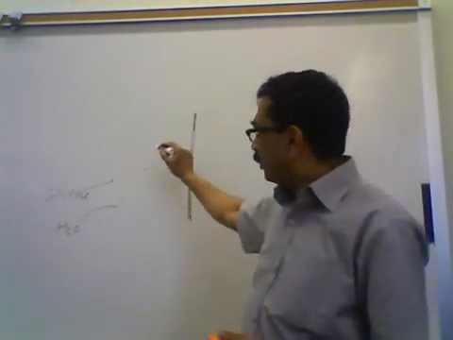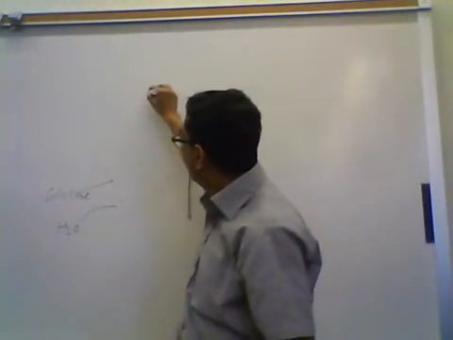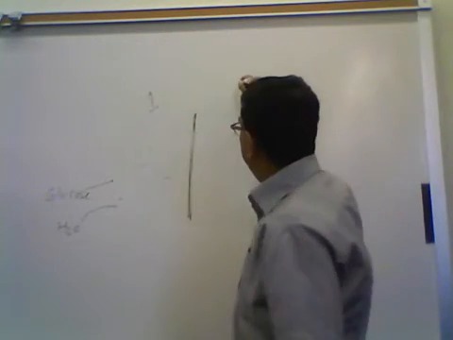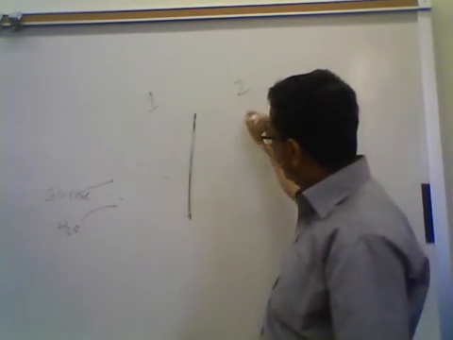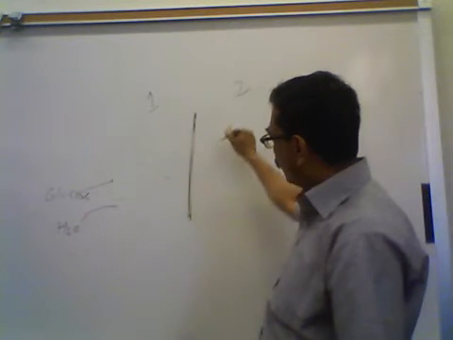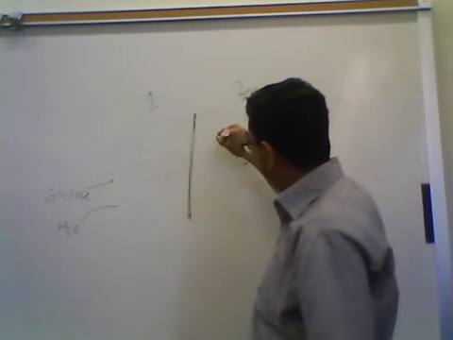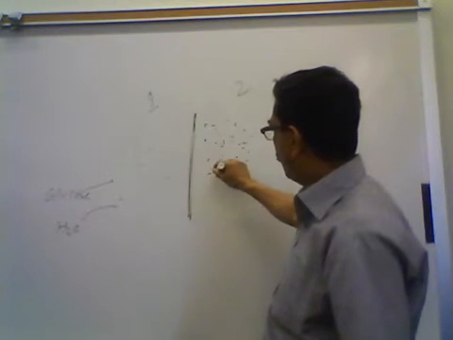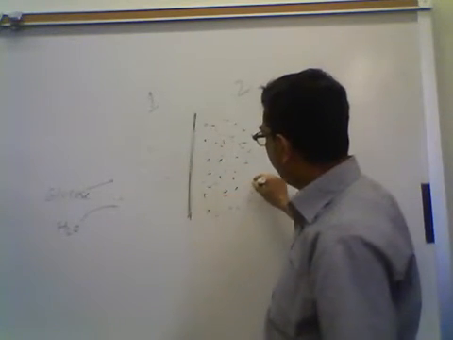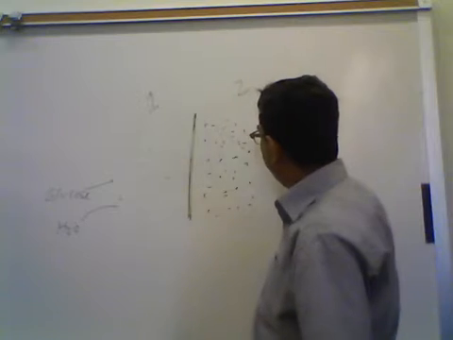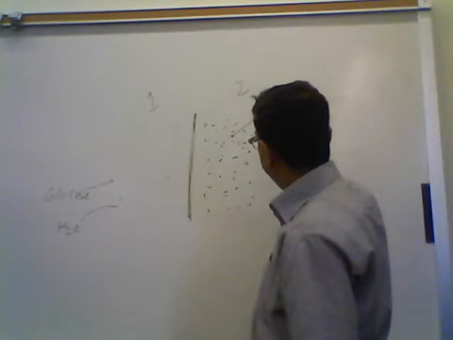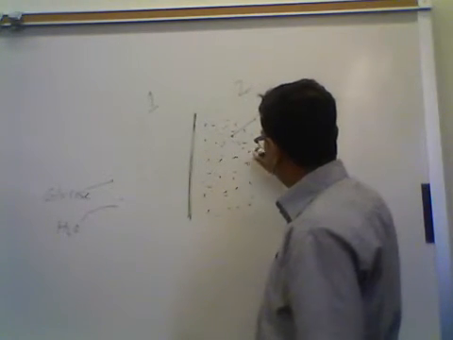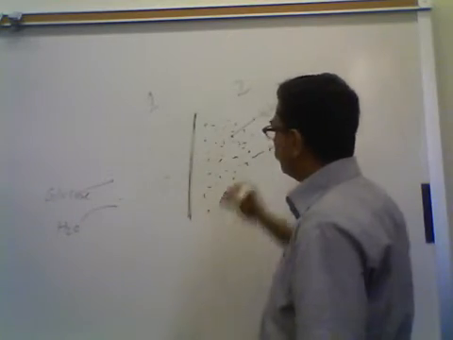So this is solution 1. And on this side you have solution 2, that is also a glucose solution, but the concentration is higher. You have more glucose here, that's why the concentration is higher. So again, glucose and water.